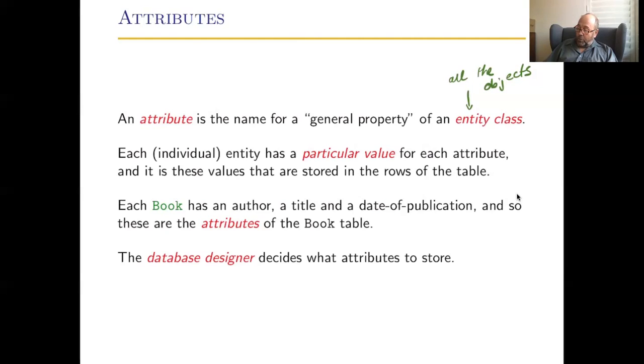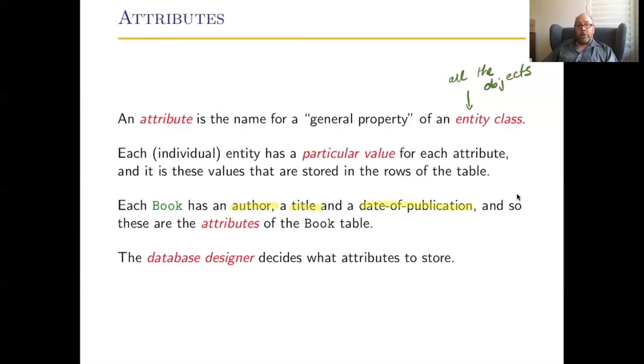So in the book example, the attributes are author. Every book has an author, so that's a general property of the class of all books, and it's the value of that attribute for a particular object that is stored in the table. Every book has a title, so that's another attribute of a book, and a date of publication.